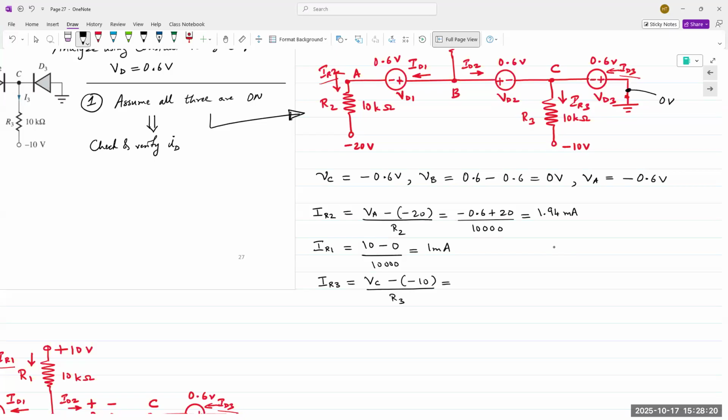And that gives me minus 0.6 plus 10, divided by 10,000. So 9.4 divided by 10,000, so 0.94 milliamps. Okay, we have three currents.